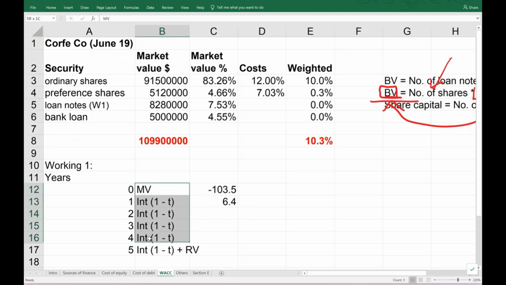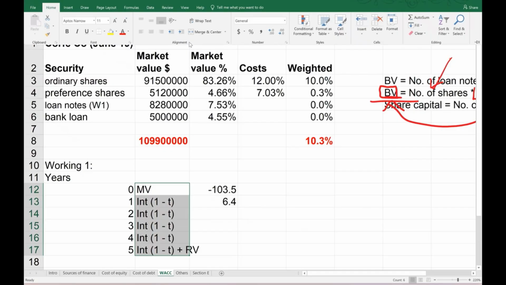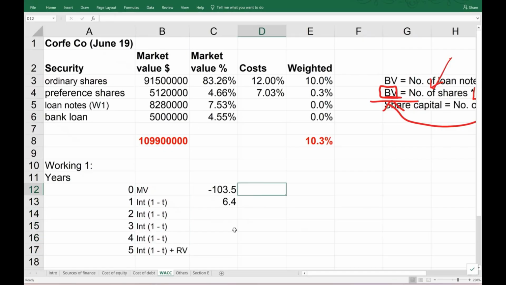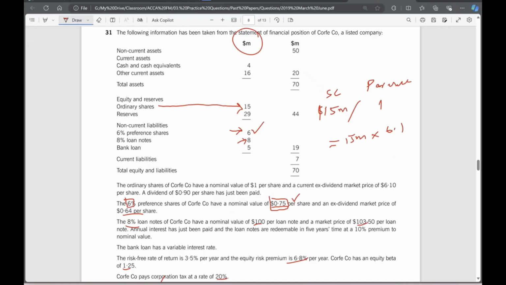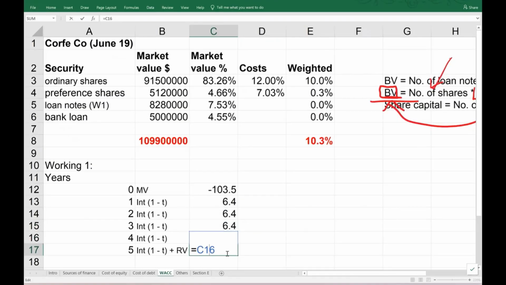Plus redemption value. It will redeem at par with 10% premium. So plus 110.